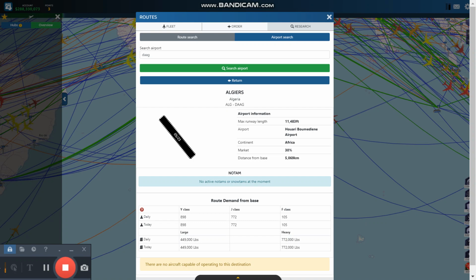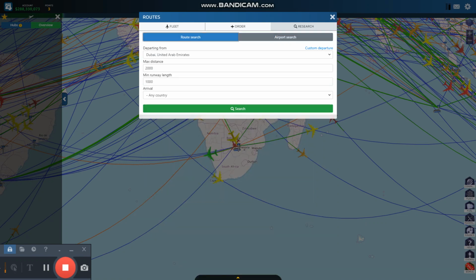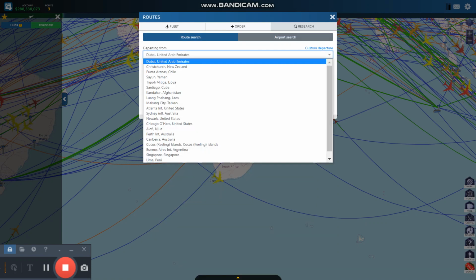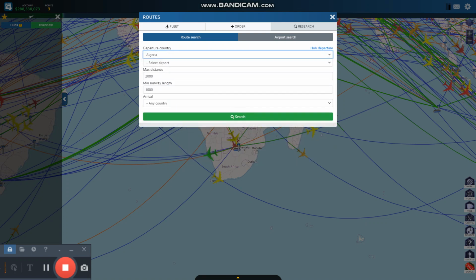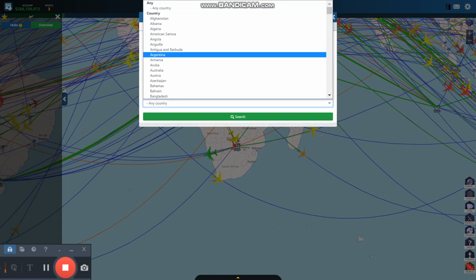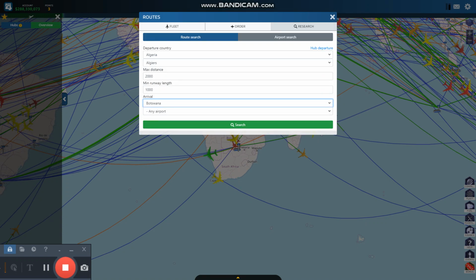So now we see a third set of numbers, right? Guess what happens when you go to route search and we do Algeria, Algiers, and then we go to Botswana. This is the return flight. I showed you the original for Botswana was 600,891.